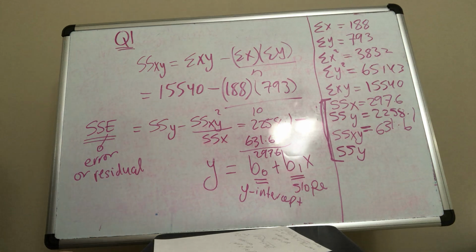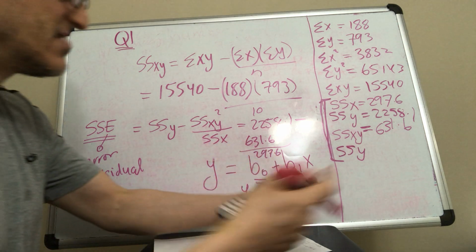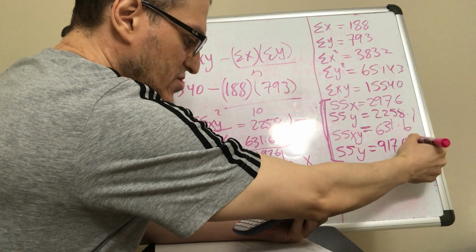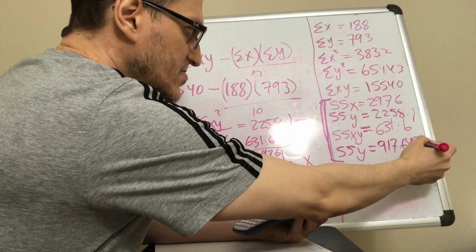Yeah, so you go and you put the numbers. So you have 2258.1 minus 631.6 squared over 297.6, and that gives you your SSE, 9176485.